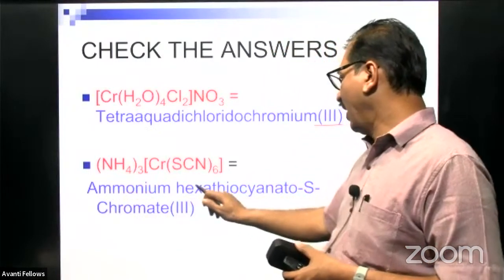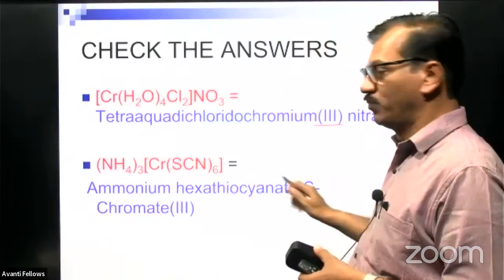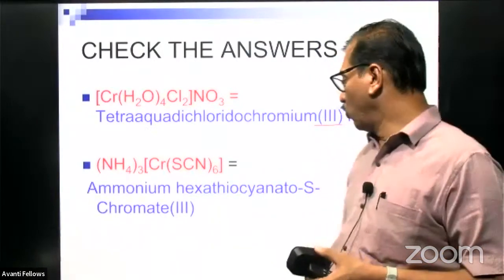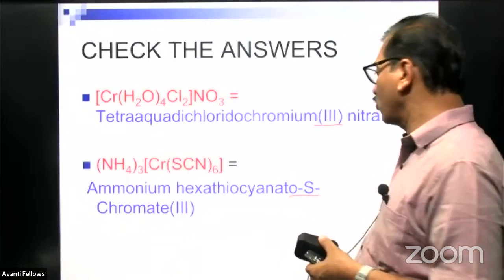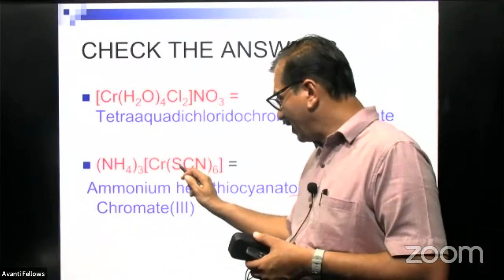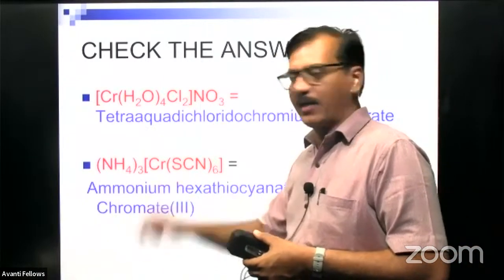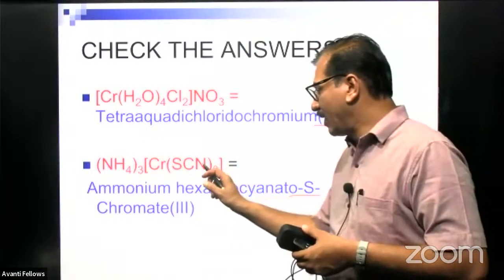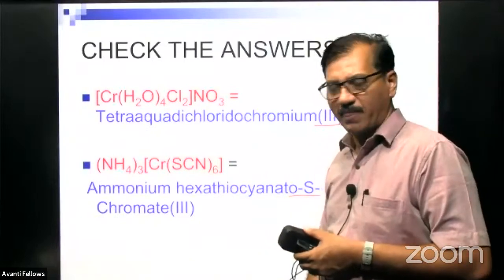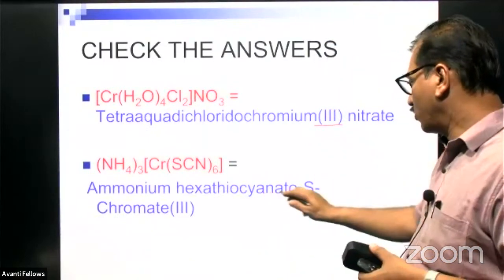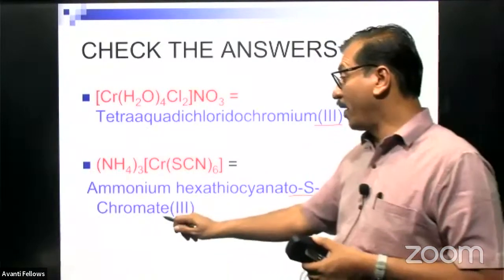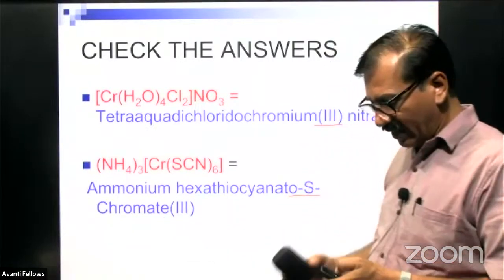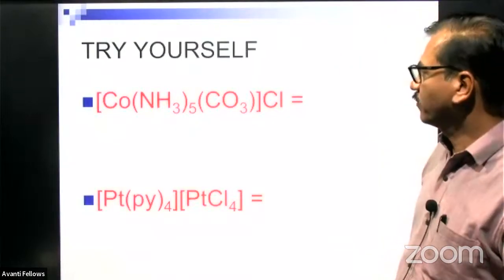Ammonium hexathiocyanato. SCN is thiocyanato, and the first letter is the ligating atom. Here also it is an ambidentate ligand. It can be thiocyanato-N or thiocyanato-S. Chromate 3. So this is the way the naming should be done.